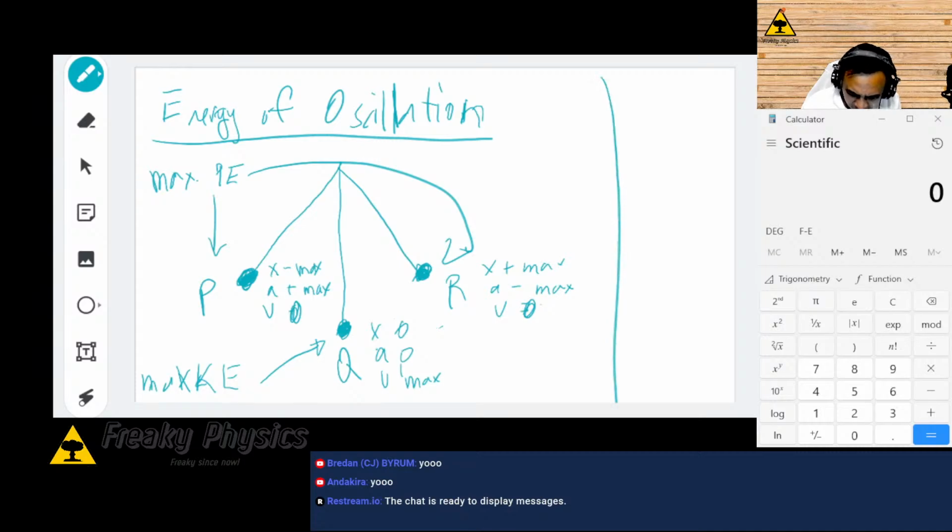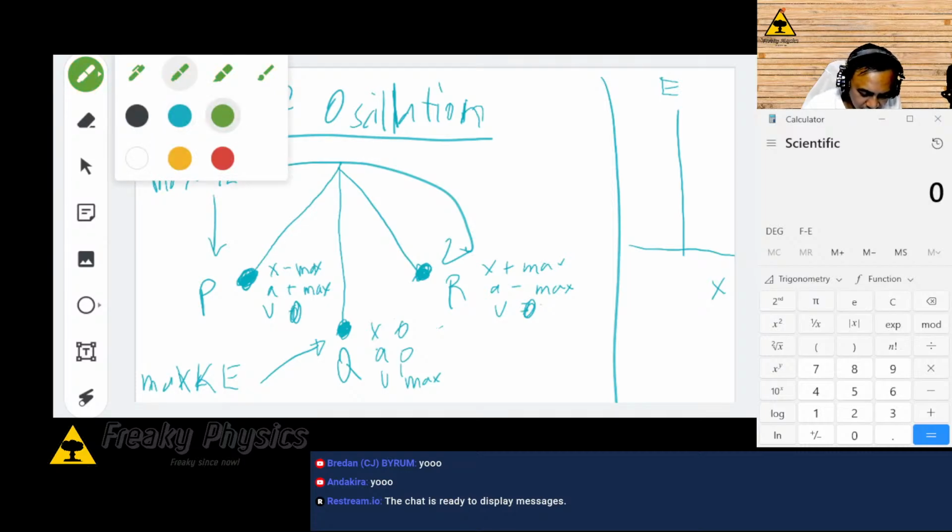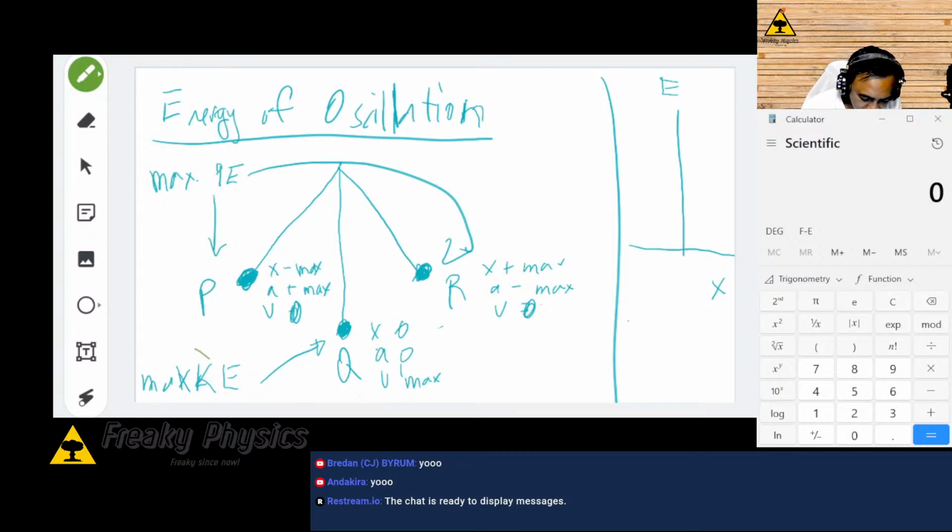So if you're going to graph that, this is the energy and this is displacement. How will that look? Let's take a look at kinetic energy first. Let's use green for kinetic energy. Kinetic energy would be maximum where? At x equals 0, and then it's going to slowly decrease to 0 on either side.